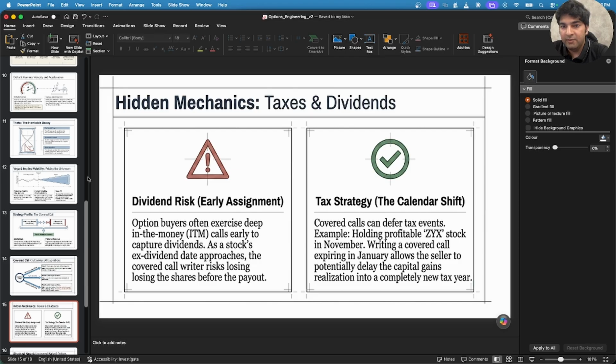So let's take February as November: holding a profitable stock in February and then writing a covered call in May would transfer the capital gains to the next financial year, because our financial year starts in April.